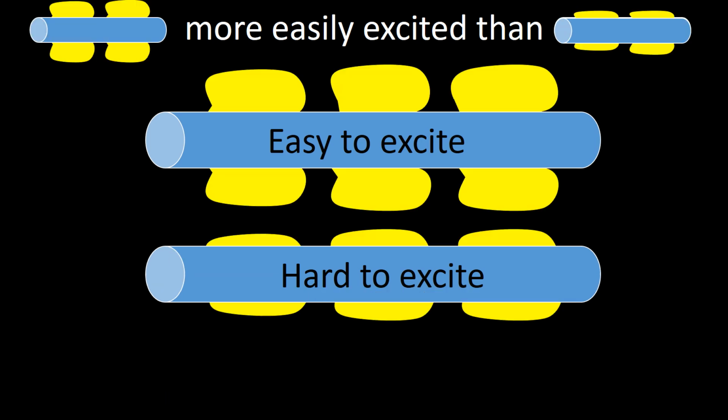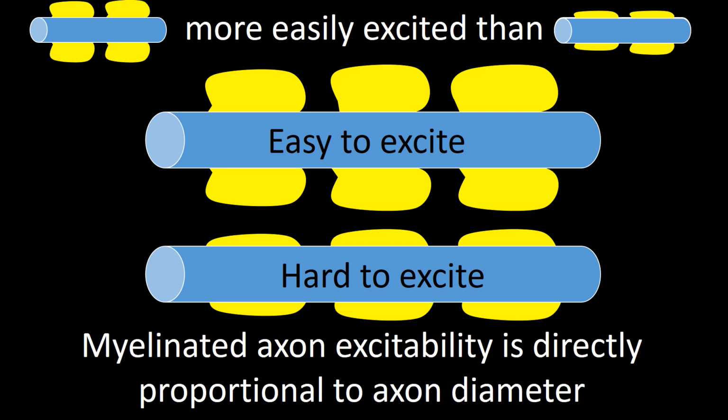The same principle holds for myelinated fibers. Thicker myelinated axons are easier to excite than thinly myelinated axons. Yet, when comparing myelinated and unmyelinated axons, the same size myelinated axons excite easier than unmyelinated axons.